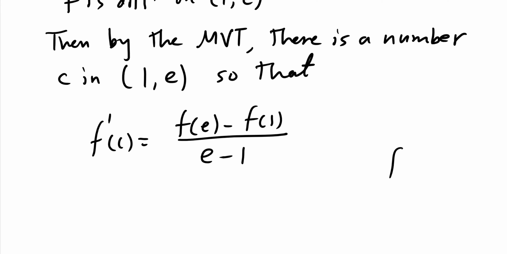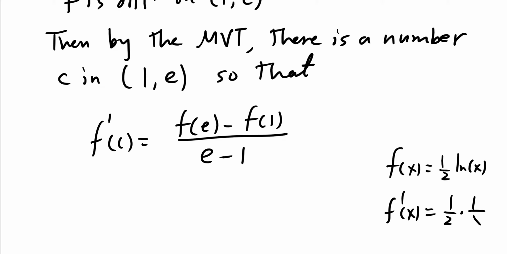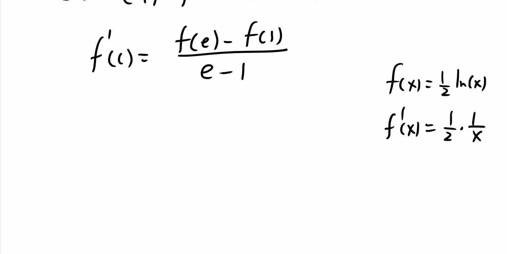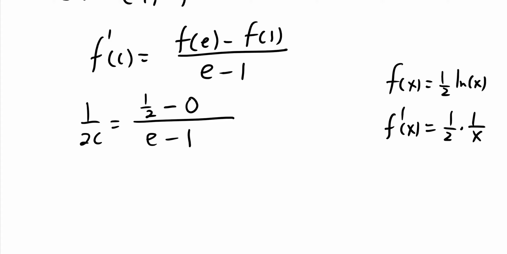On the right side, I have 1/2 ln of x. We find the derivative, which is 1/2 times 1 over x. So if I substitute c in, I get 1 over 2c equals f of e. What's ln of e? Ln of e is 1, times 1/2, 1/2. Ln of 1 is 0, over e minus 1.